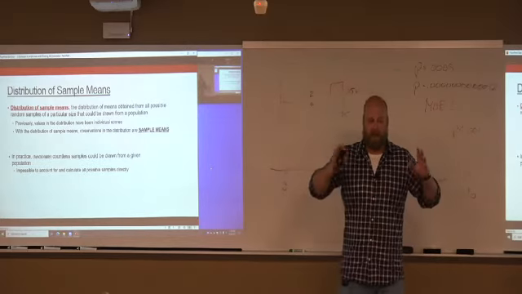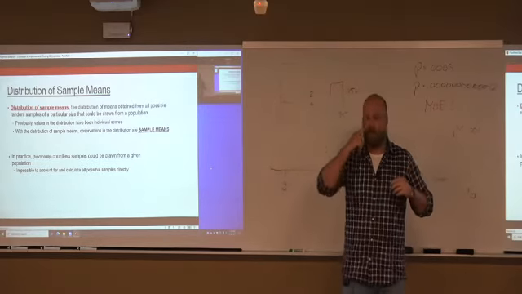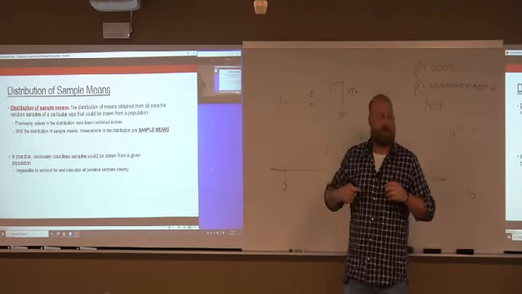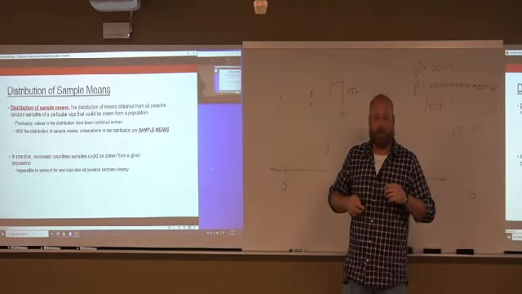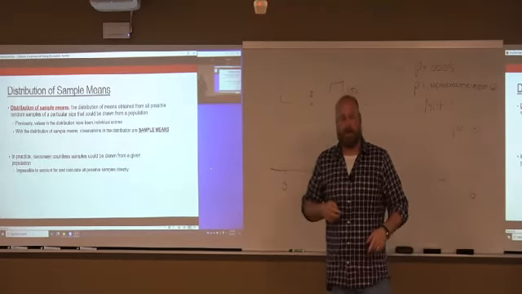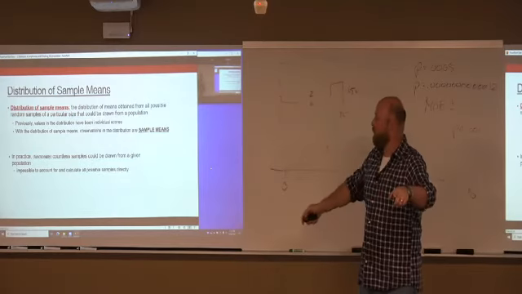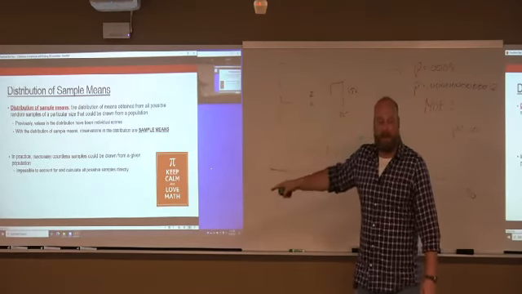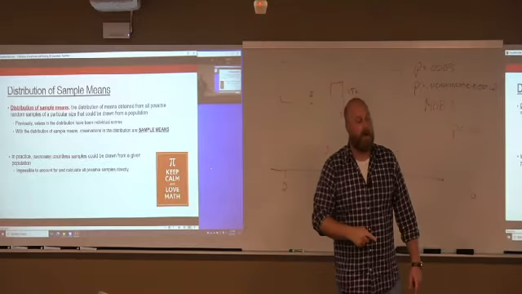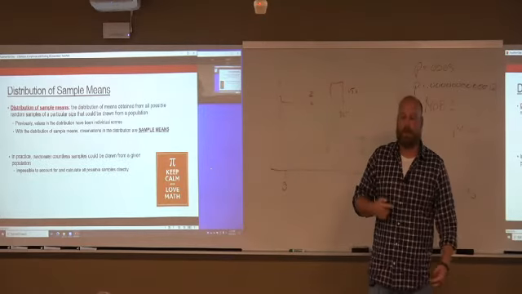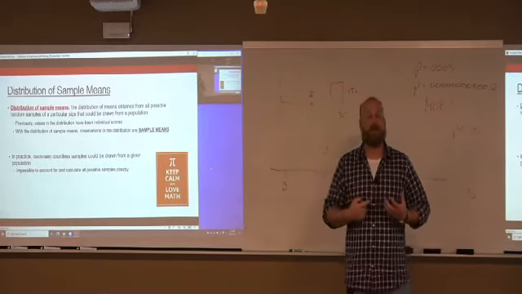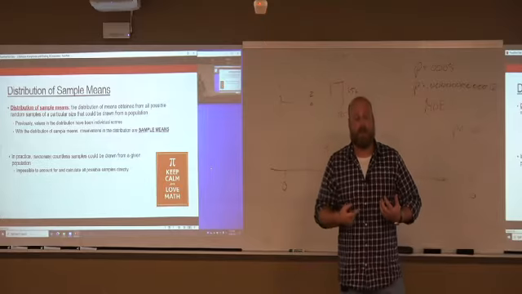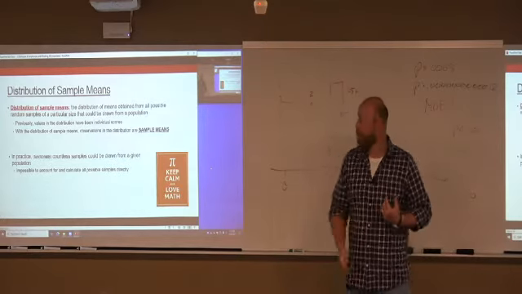Are people following me in terms of what we're talking about with a distribution of sample means? Okay. So we can't calculate all of these individually, but we can fall on some math and statistical theory to understand some of the properties that will emerge from this distribution of sample means.